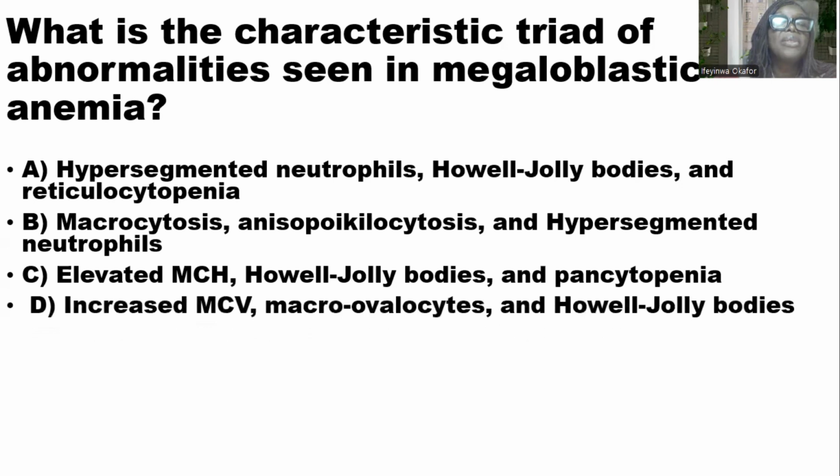D, increased MCV, microovalocytes, and Howell-Jolly bodies. The answer is B. The triad normally seen in megaloblastic anemia is macrocytosis, anisopoikilocytosis, and of course hypersegmented neutrophils. So the answer is B.